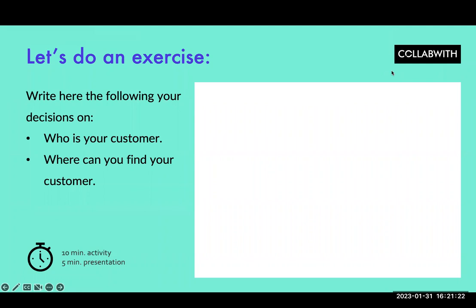Yasmin, customer: citizens who are having issues with policing in the community. Very good, very precise. Where: everywhere in the community, schools, grocery stores, gas stations, Facebook. Yeah, very good. As well, this kind of street association or something.